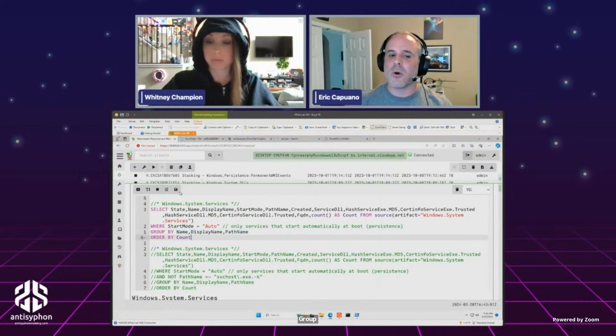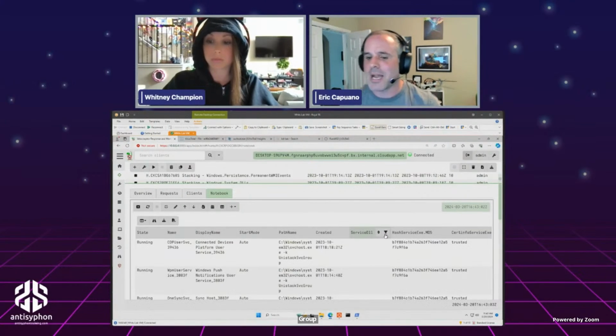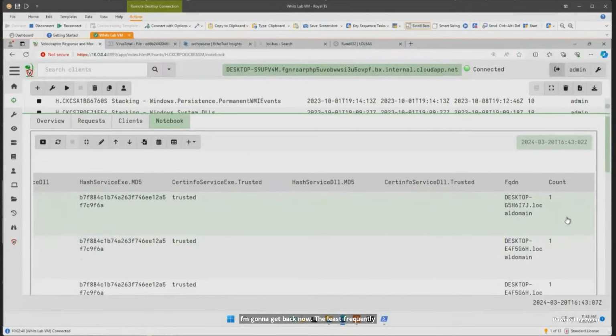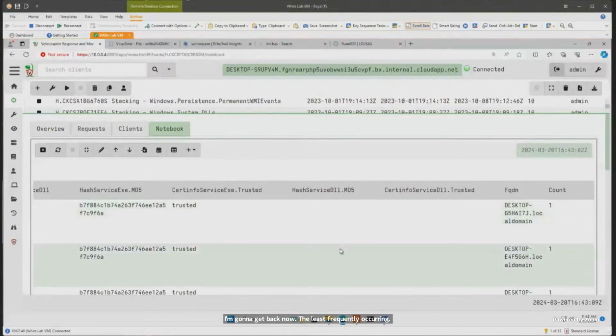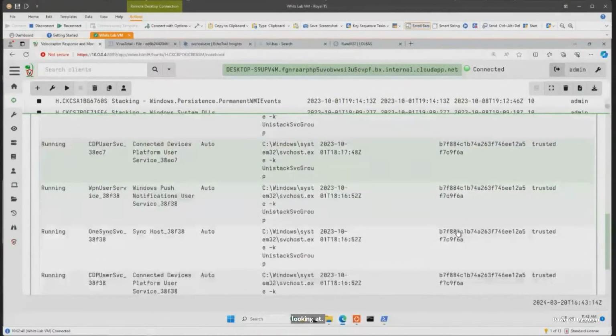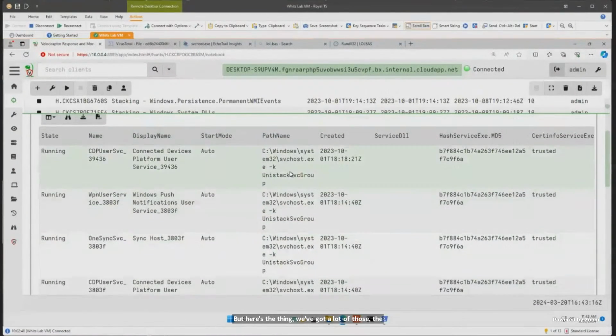So again, you already know where we're going with this. I'm going to get back now the least frequently occurring. It's that count of 1 there that is really what I'm looking at. But here's the thing. We've got a lot of those counts of 1. And if you recall what we talked about a little bit earlier, you might immediately know why.